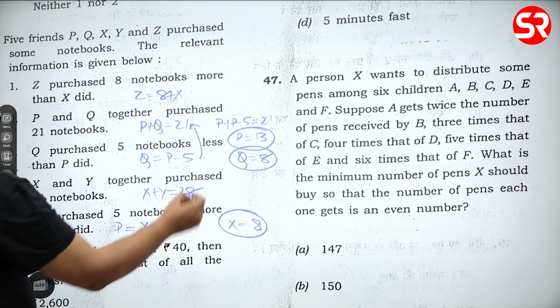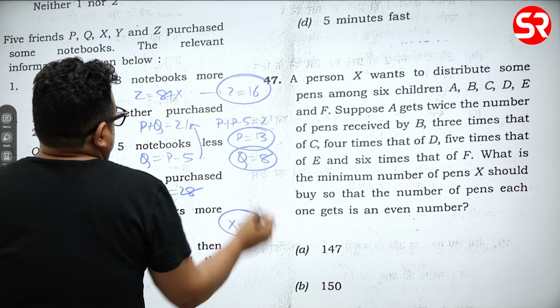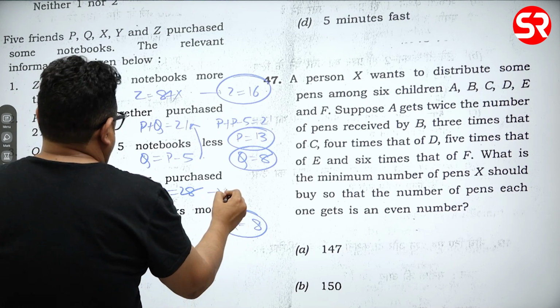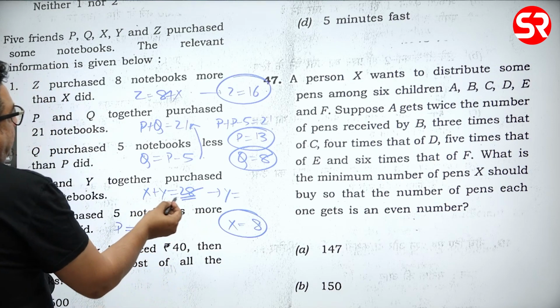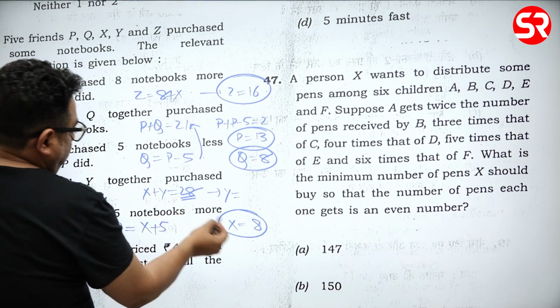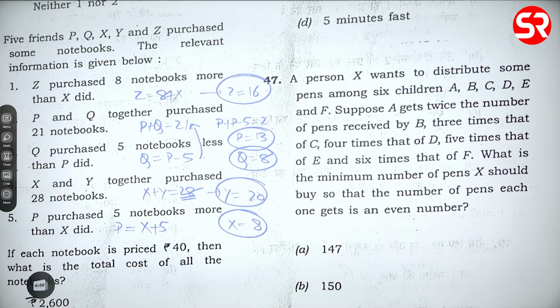X done. So then Z comes out to be 16, done. Alright, and Y, I think here I made a mistake. Y comes out to be 28 minus X, 28 minus 8, 20. This was the silly mistake that I was making. Right, now I think it is done and dusted.